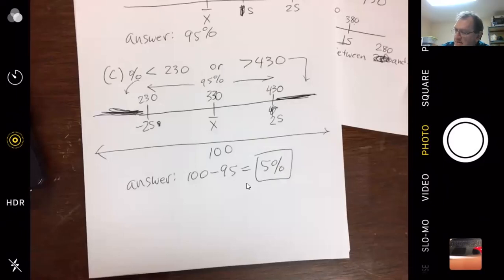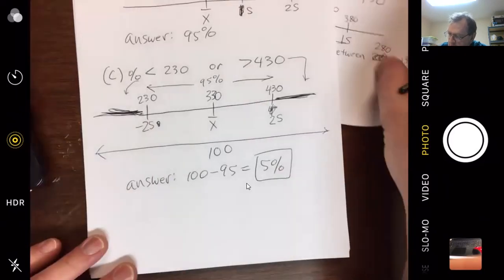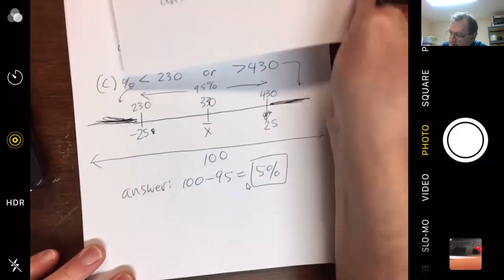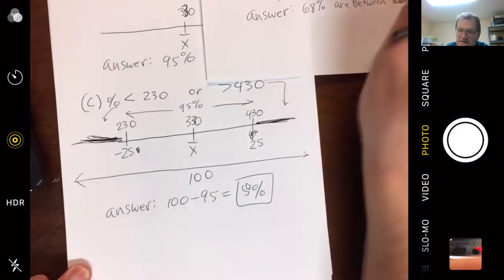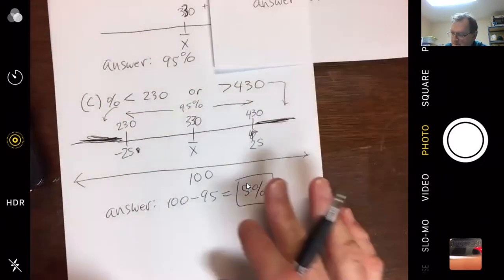280 to 430. This is going to be a bit of a puzzle. E. I'm rewriting the problem. Percent between 280 and 430. This is going to be a bit of a puzzle.